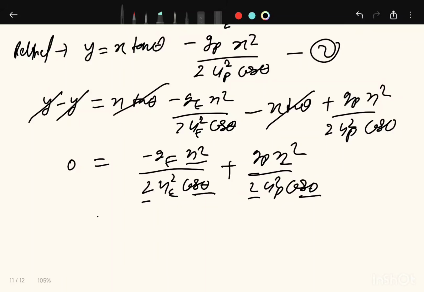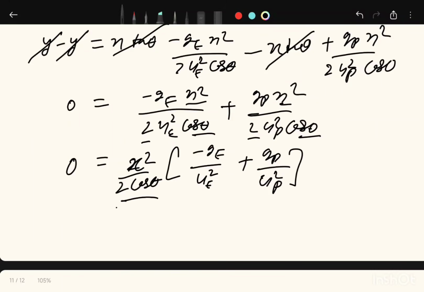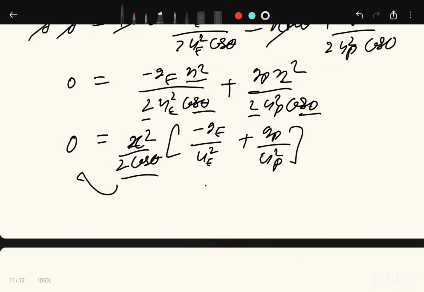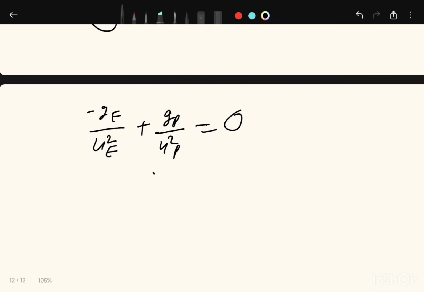So I will take this common and put it outside, so it will be x square by 2 cos square theta, and I have minus Ge upon u square e plus Gp upon u square p. This part goes to the zero side, and we have Ge upon u square e equal to Gp upon u square p, right?